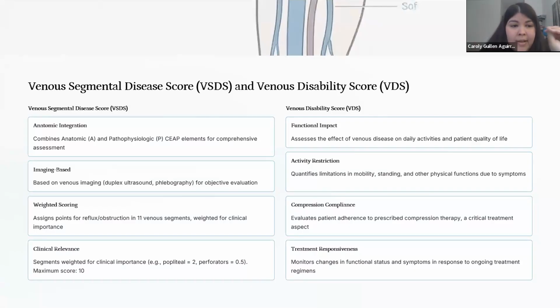It was an image-based tool, based on venous imaging with Doppler ultrasound or venogram, and it assigned points for reflux and obstruction in 11 venous segments. The segments were weighted for clinical importance: proximal veins had higher points, 2, and perforators 0.5. The venous disability score assessed the effect of venous disease on daily activities and patients' quality of life.